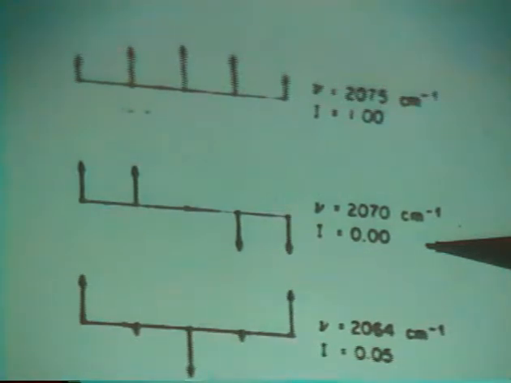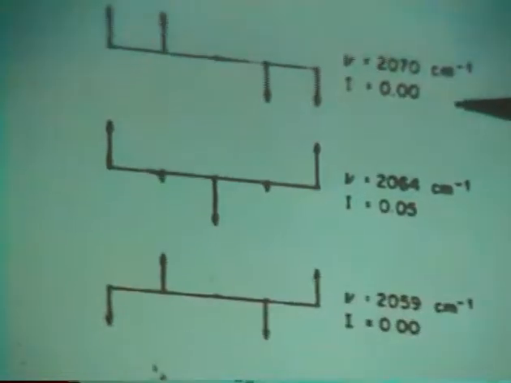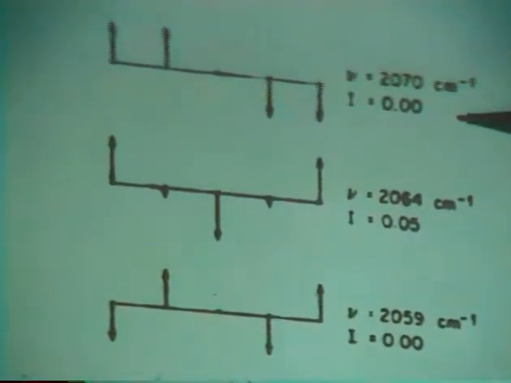The net dipole change accompanying that mode of oscillation is 0, and the infrared intensity is 0. That is, you can't excite a vibration with an electric field where there's no change in the dipole moment that goes along with that vibration.